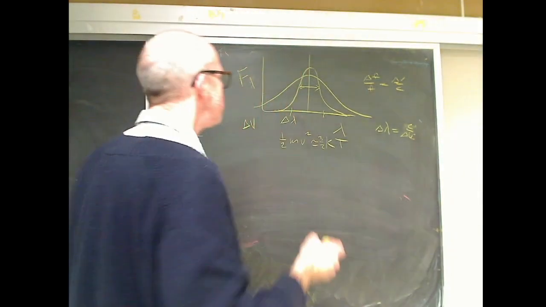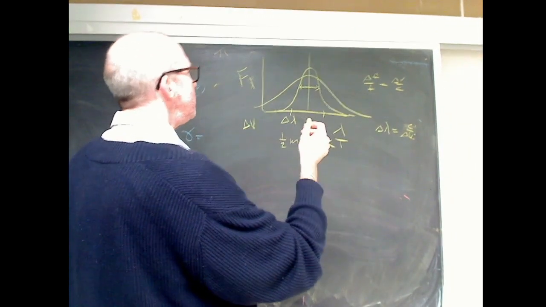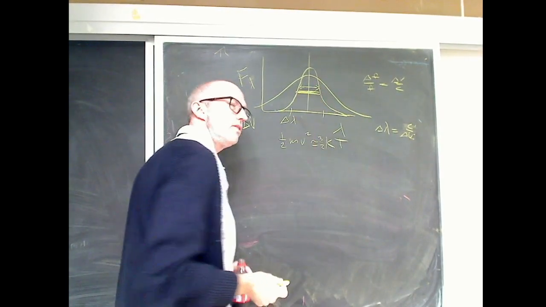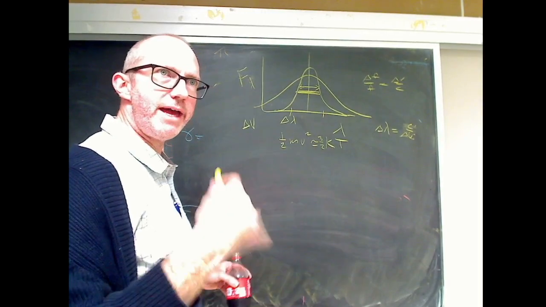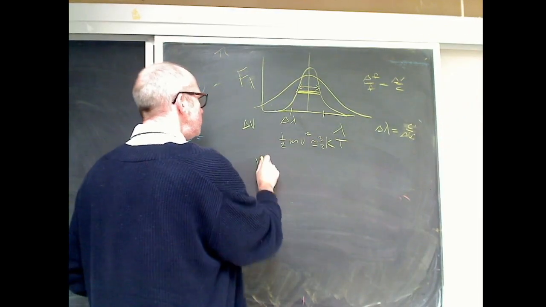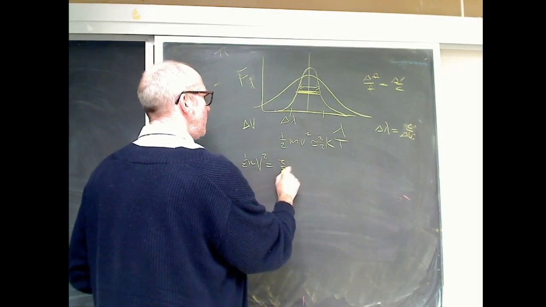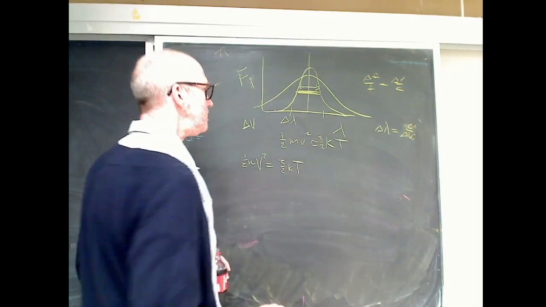Anyway, I should have put some numbers on this slide. There's some numbers in the book. So from the spectrum, I can get the width of the spectrum, and from that I get a velocity. So that gives me a velocity, and then 1/2 mv squared is 3/2 kT, gives me a temperature.